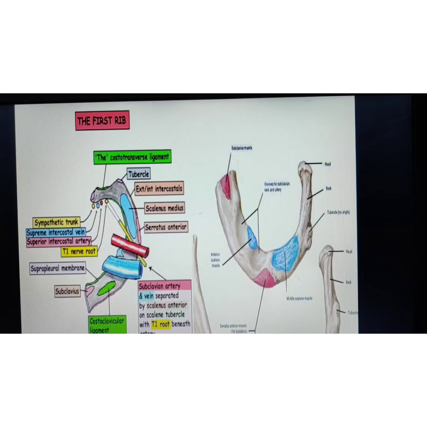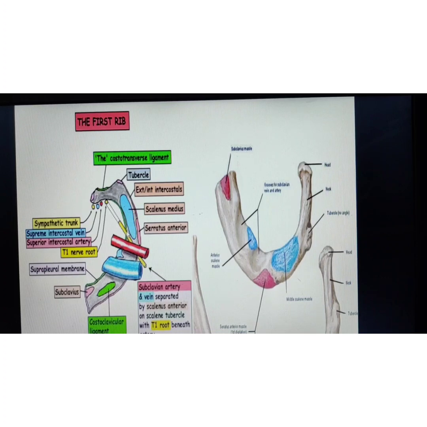The groove for the subclavian artery lodges the subclavian artery, and also it contains the lower trunk of the brachial plexus.